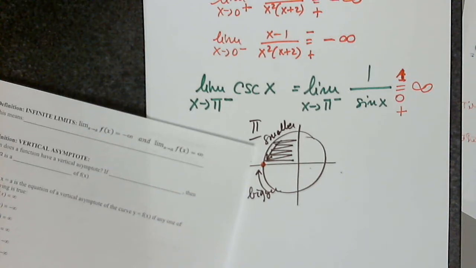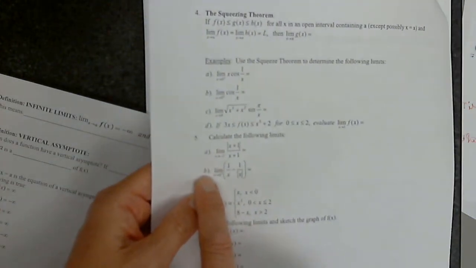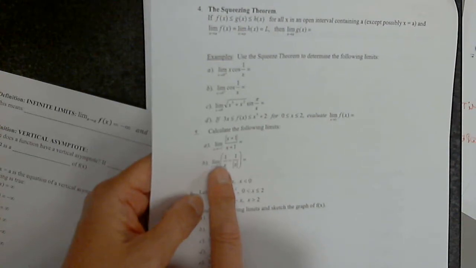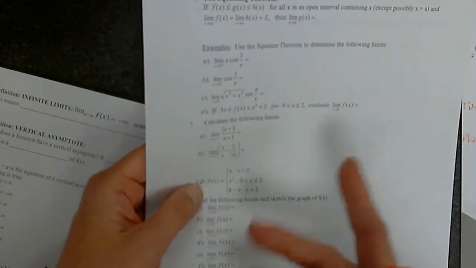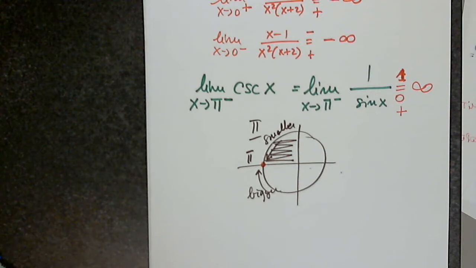And I'm looking on the second page of this handout at problem 5B. I know it says 0 from the right. I can change it just to show you what happens. 0 from either side. And then I'll stop.